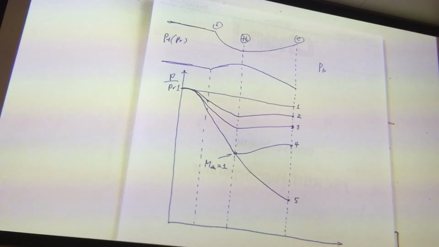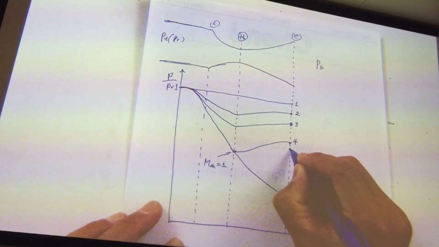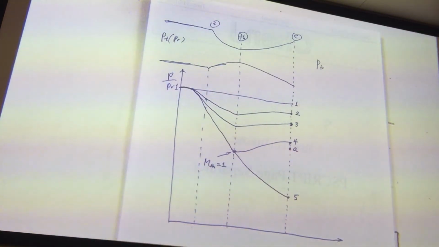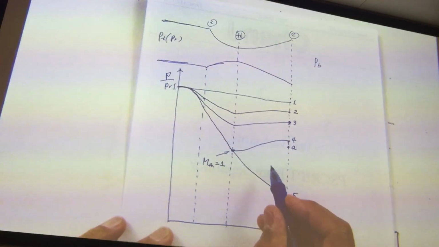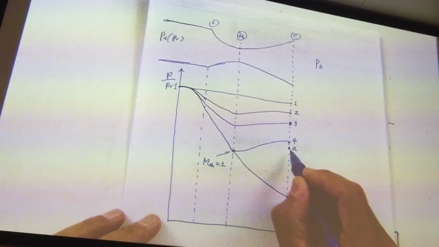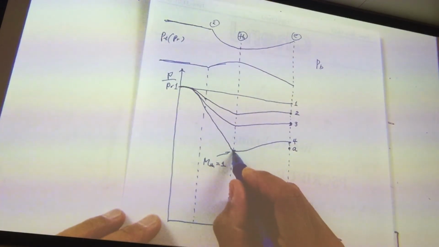However, between 0.4 and 0.5, what happened? You say, well, one recovers to a steady pressure, one does not. And what happened in between? Let's say we have a point, let's call it point A. The condition corresponding to A apparently will give you this.